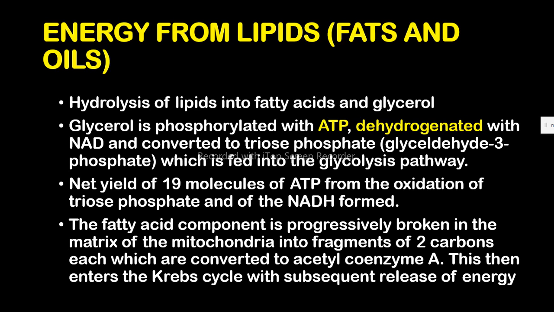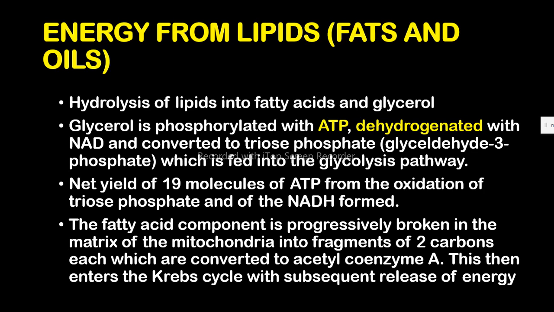Okay? If you want to convert glucose into fats, into glycerol, you break it down, you form glyceraldehyde 3-phosphate, and then you dephosphorylate it, you remove a phosphate group to form the OH, and then you reduce it using reduced NAD to form a glycerol.